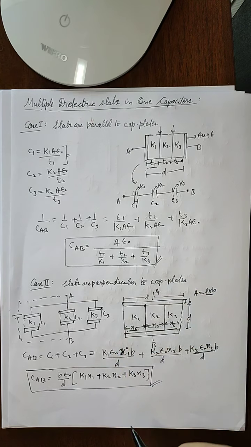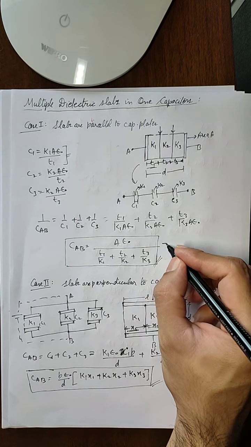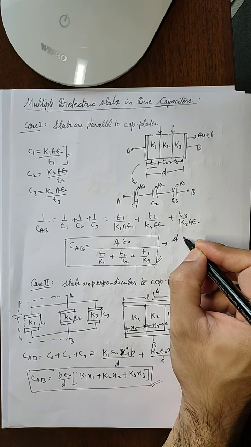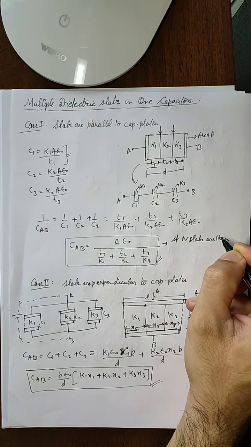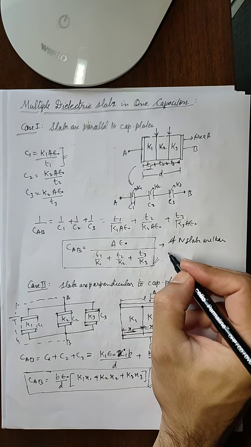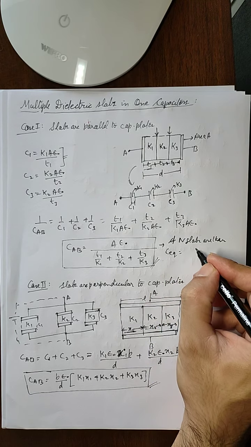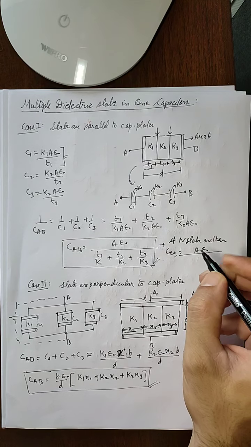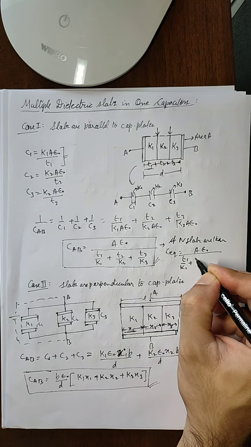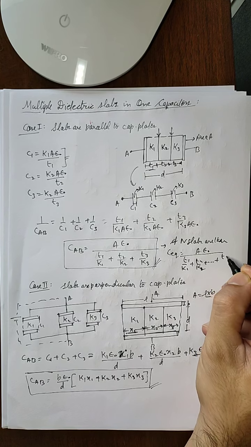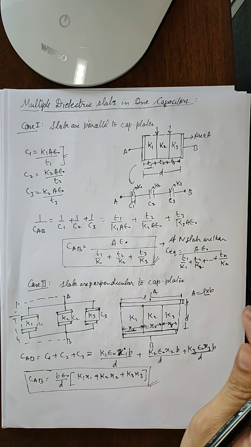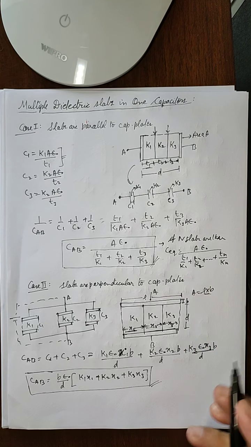Now for both of them we can also find what happens if n slabs are arranged. If there are n slabs, then the expression will become T1 upon K1 plus T2 upon K2, and it will go on till Tn upon Kn. So this will be the expression when there are n slabs.